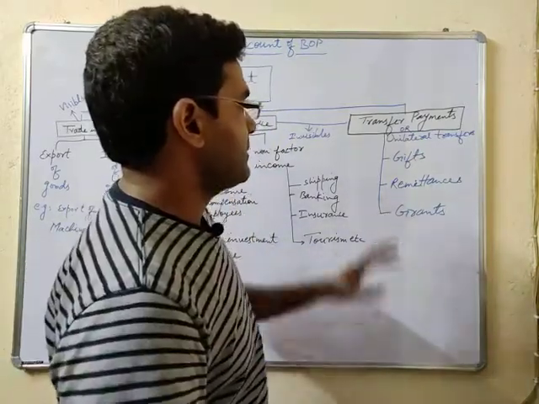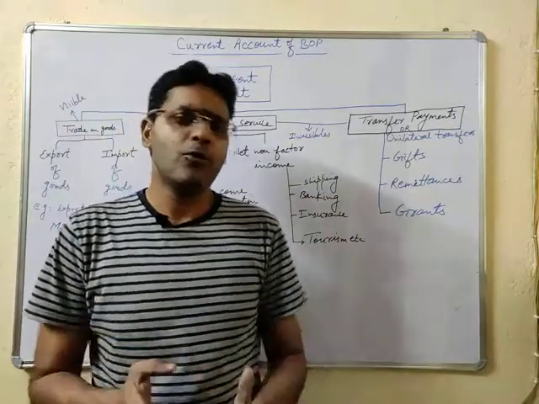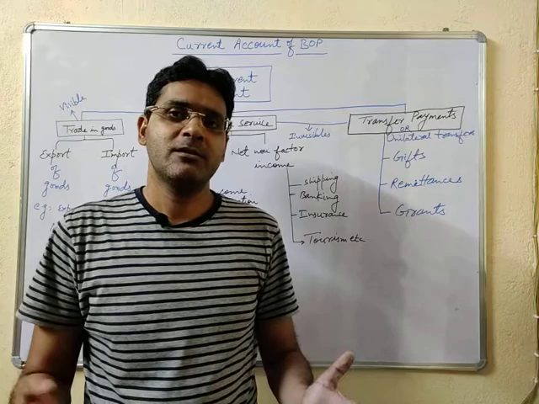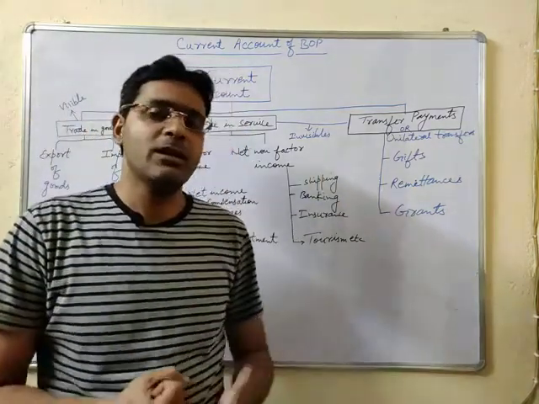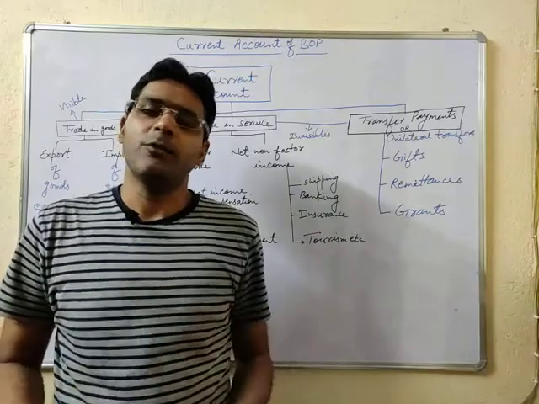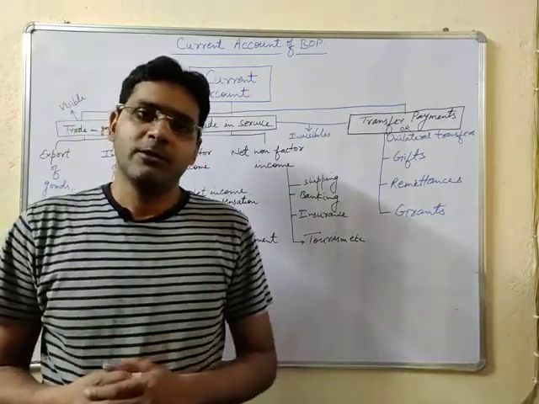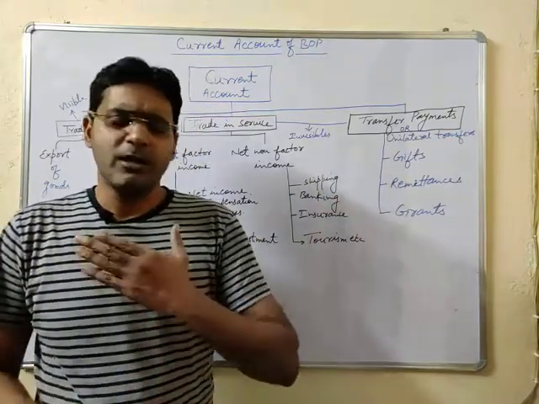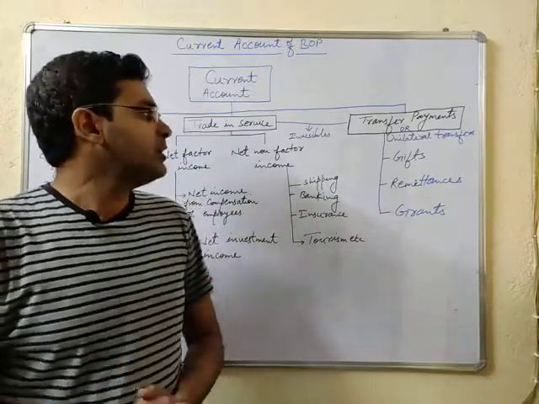So transfer payments are those payments which we make or receive without rendering any services. Suppose our relatives, as I told you earlier, are living in foreign countries and they are sending money to our homes. This is an example of transfer payments because we are not giving any services. We are not giving any goods.